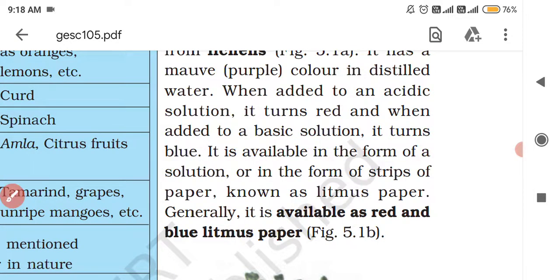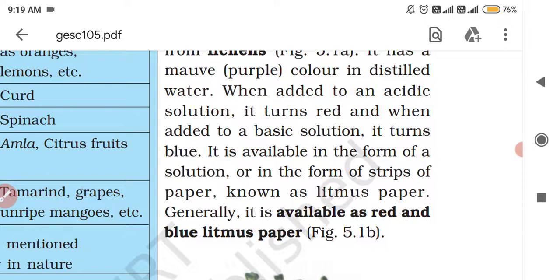Though the natural color of litmus is purple, it is made into blue litmus and red litmus for the sake of convenience in detecting the color change when it is added to an acidic or basic solution. It helps to determine the nature of the substance by changing its color.